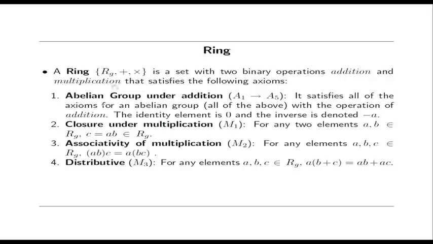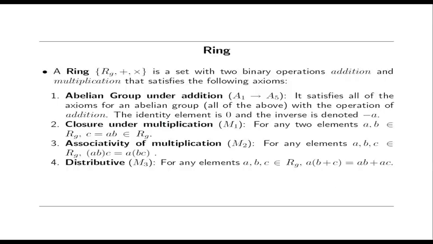And the second property is telling that with the dot operation, or the multiplicative sense, it must satisfy the closure property. That means it is a semigroup under dot, and there is some extra property like the distributive property, which deals with both operations. So, if this is satisfied, then it is called a ring.